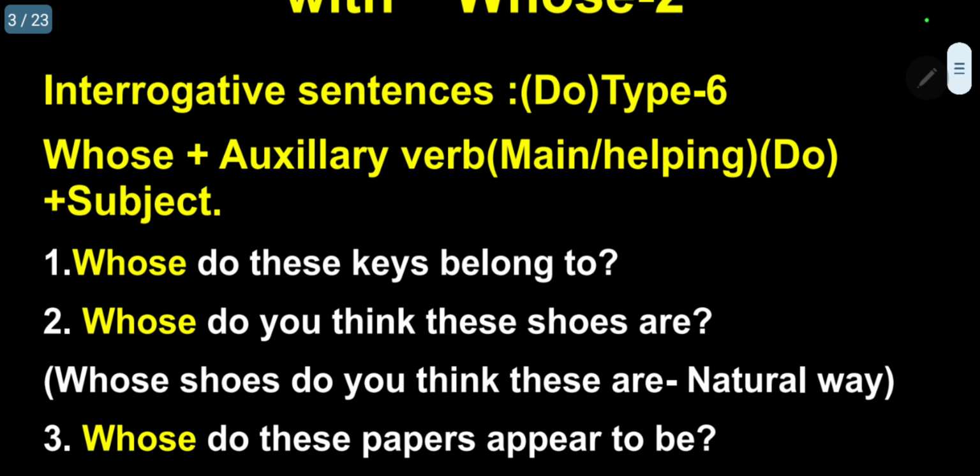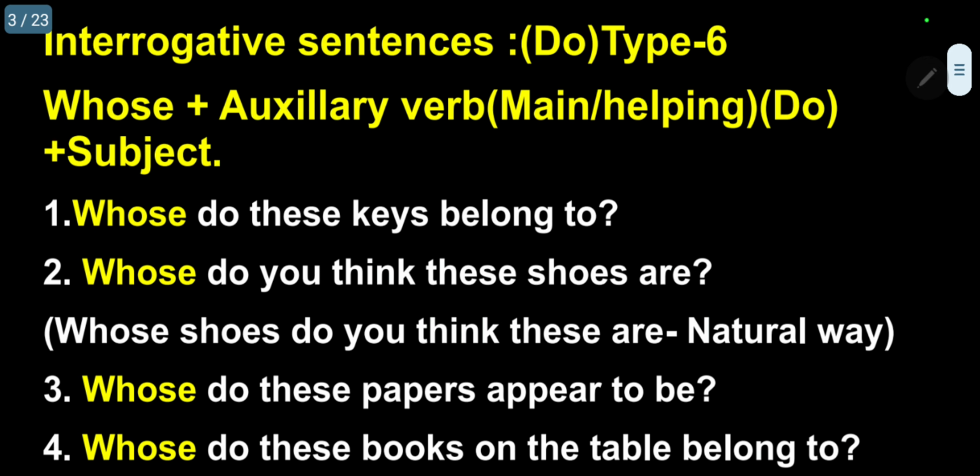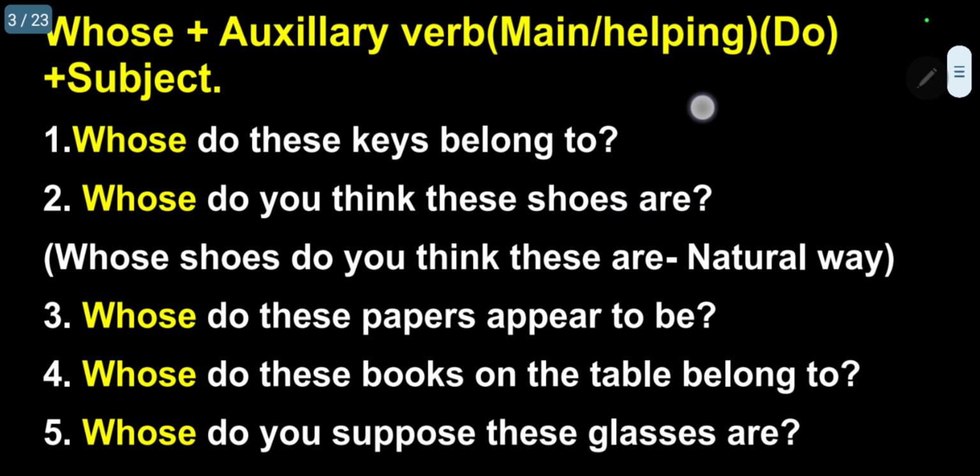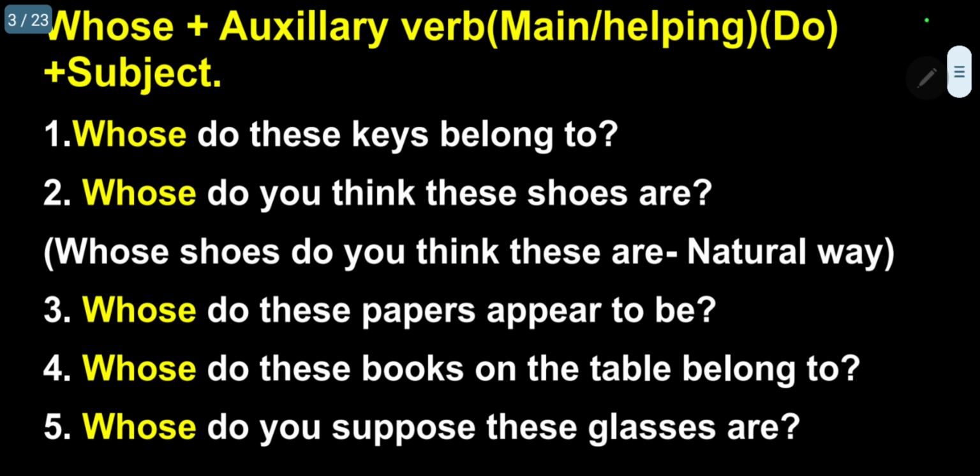First, I will take do verbs. Under this, kindly follow. Here the common general formula is whose plus auxiliary verb, main or helping, plus subject. We can commonly apply this formula. Using this formula, I am framing the sentence, kindly follow.